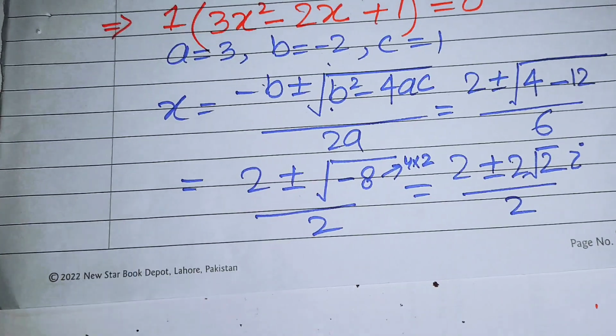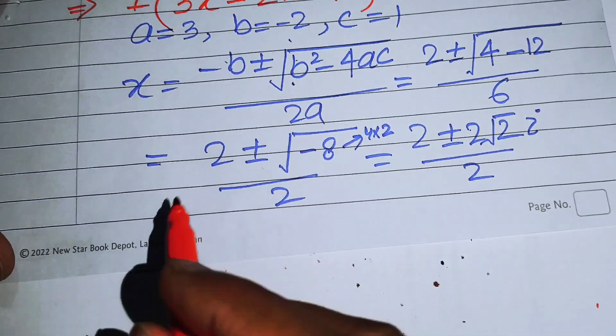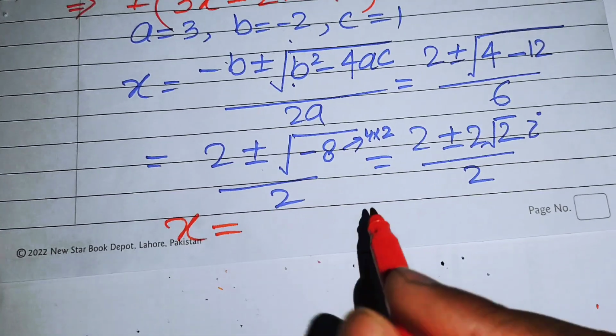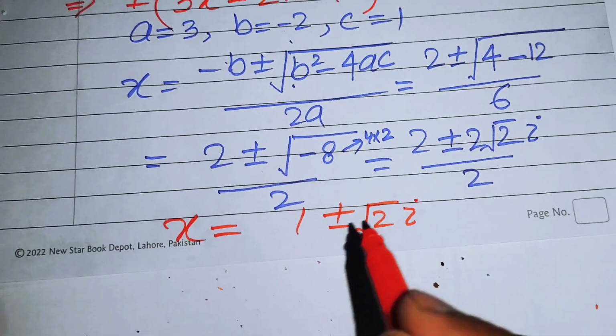So here you see that 2 be the common expression on the numerator, so we take it common and it is cancelled by the denominator, and you get the values of x will be 1 plus minus square root of 2 iota.